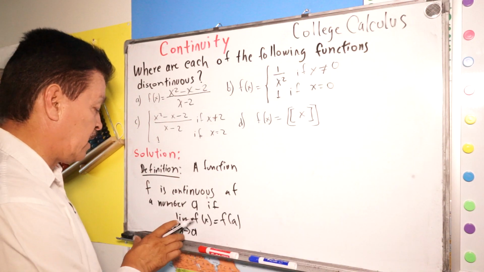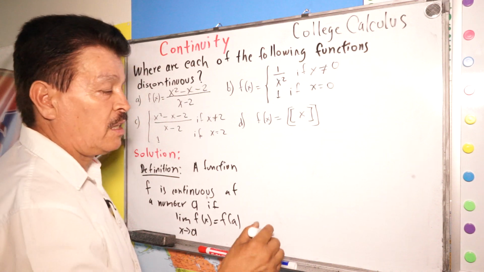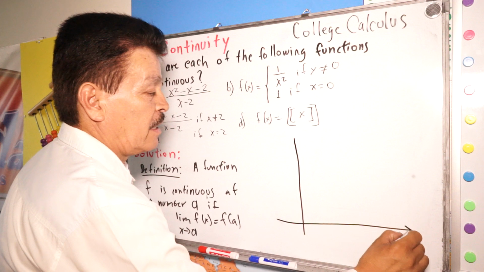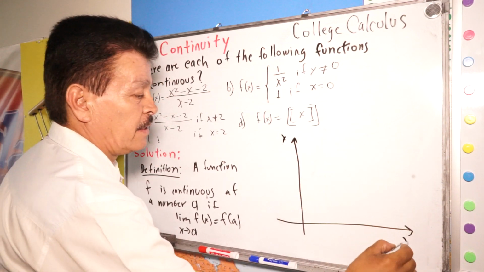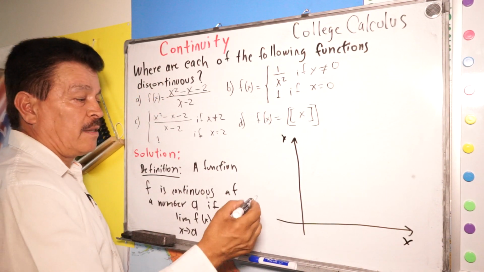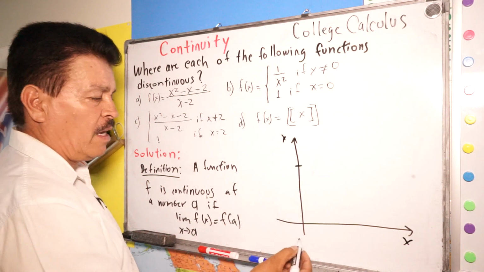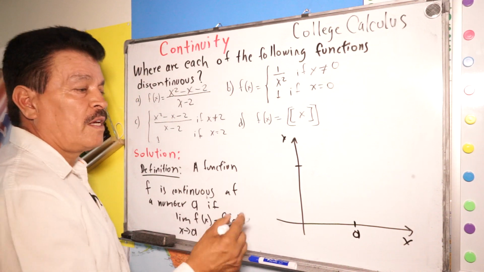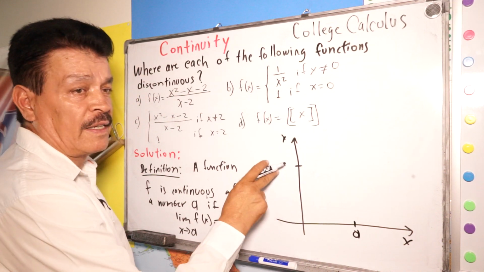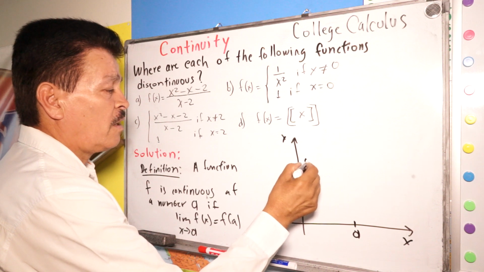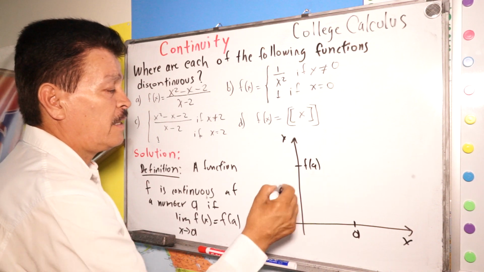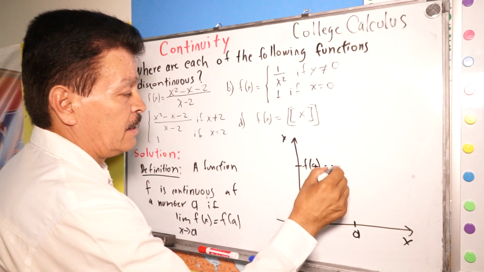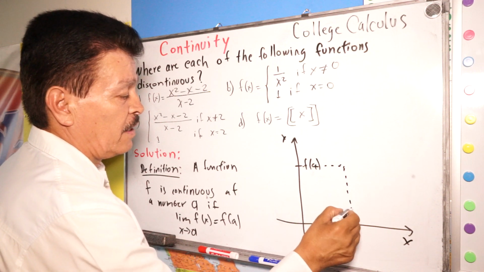How do we see it in the graph? For instance, you have this kind of graph. This is y, this is x. Here we have this point, this is a. Here we have f of a. Let me do the graph right here.